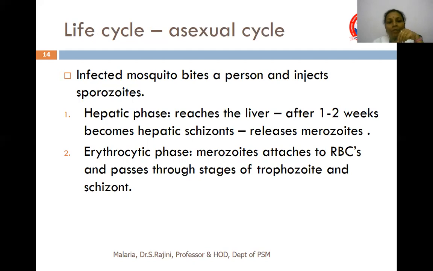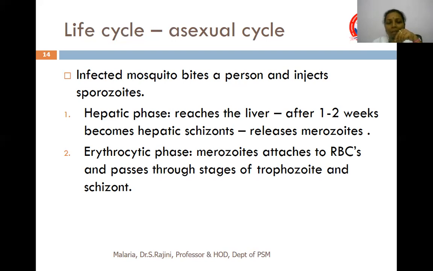After that, the sporozoites enter the bloodstream and go to the first phase, called the hepatic phase, where it reaches the liver, and after 1 to 2 weeks it becomes hepatic schizont. So it multiplies in the liver cells and the schizonts release merozoites. The merozoites then attach to the RBCs. So we call it the erythrocytic phase.